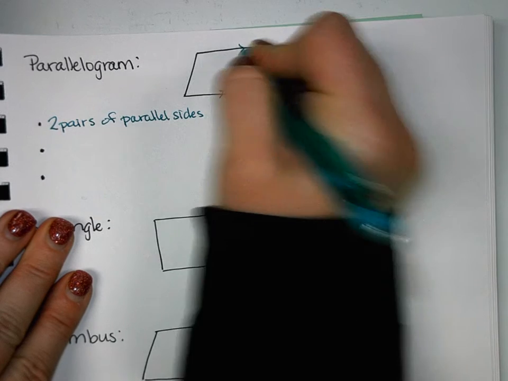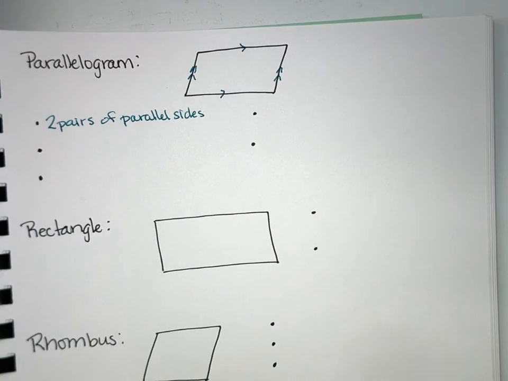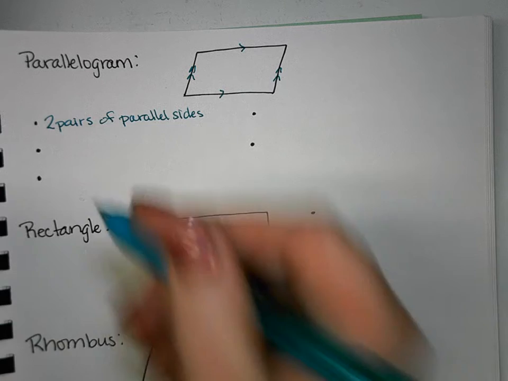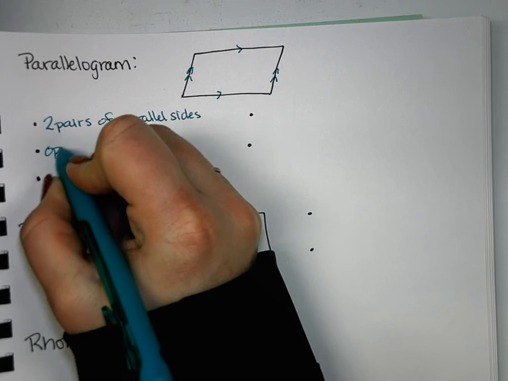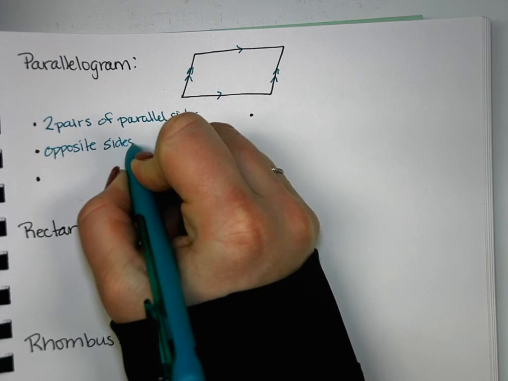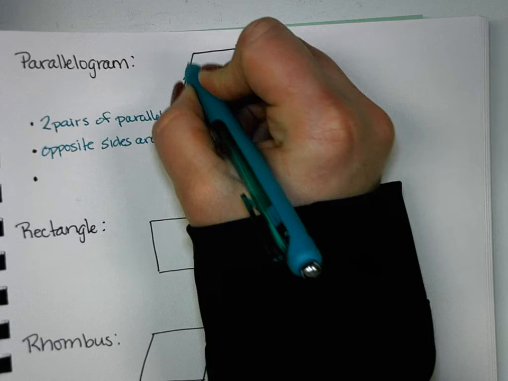So we can say these opposite sides here are parallel. Okay, what's another property of parallelograms that you remember? Opposite sides are congruent. So opposite sides are congruent.